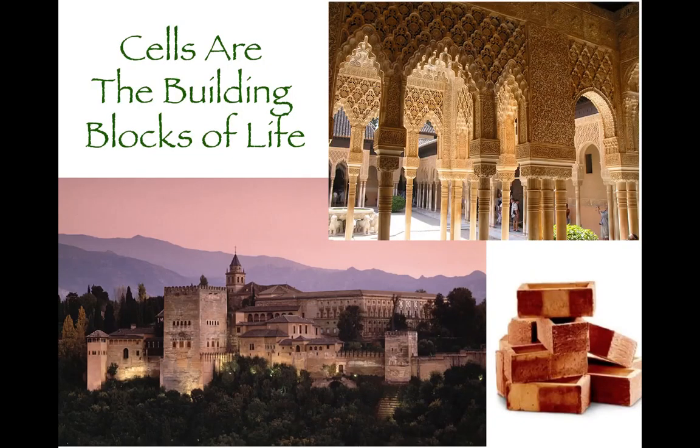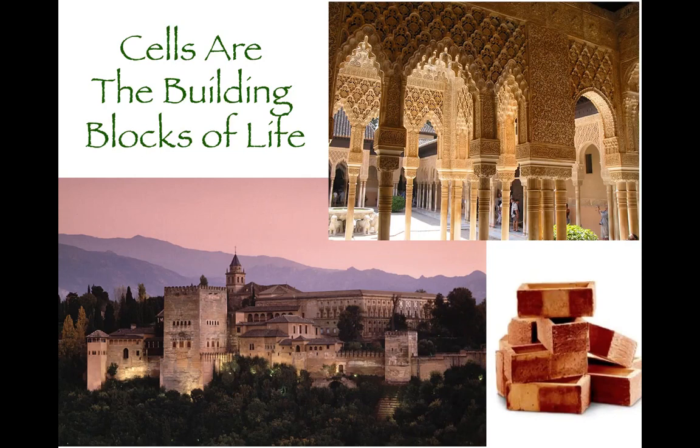So the key word is cells. Cells are the building blocks of all life, whether it's plant life, a little tiny snail, or a human being. And you can think of cells like bricks. If you look at this picture here, it's the Alhambra, which is a very famous building in Spain. It's incredibly intricate, and it's over 500 years old.